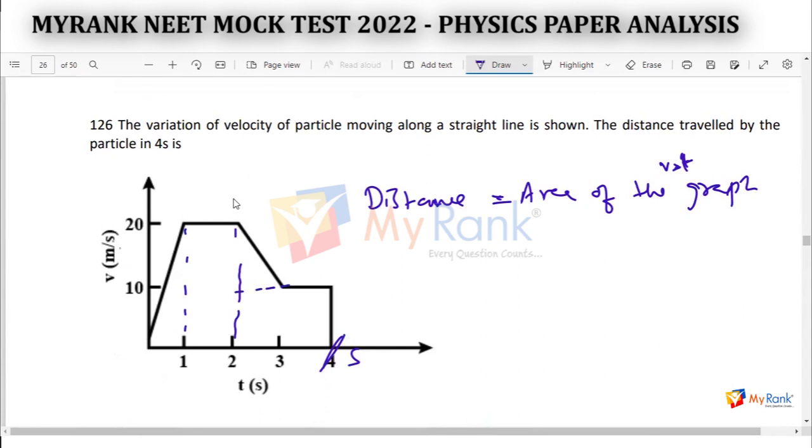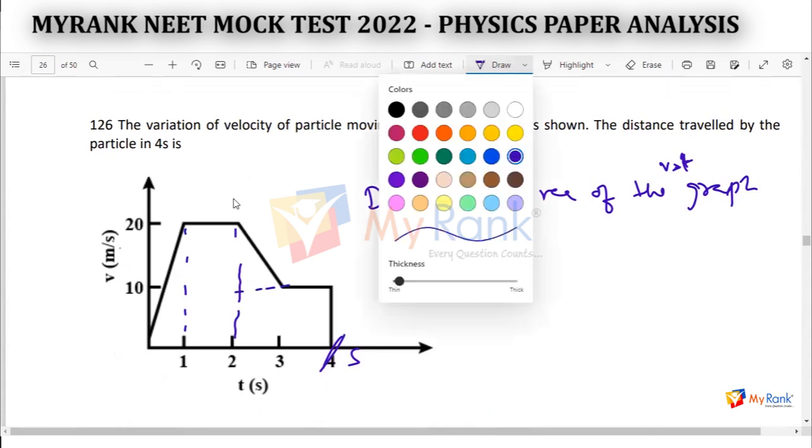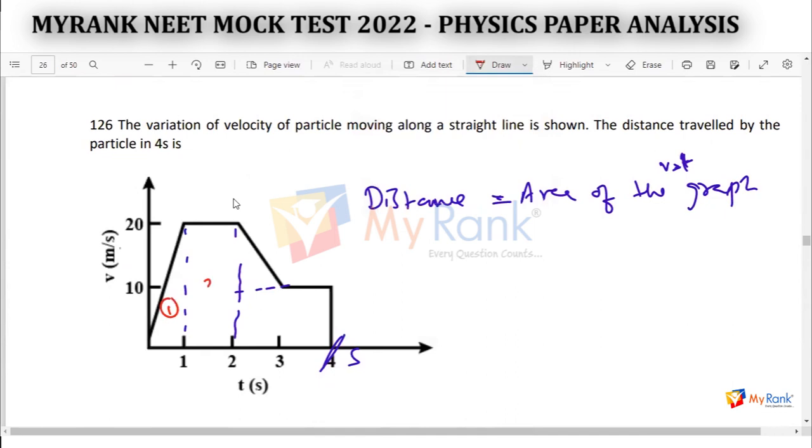Like this you divide. Say this as the first one, this is the second one, this is the third one, this is the fourth one. Area to be calculated, so that is nothing but the distance. Distance is nothing but first one, half base into height. Base is 1, height is 20. This is the first, and the second, base 2 minus 1, 1, into height 20, plus the third is like this now.